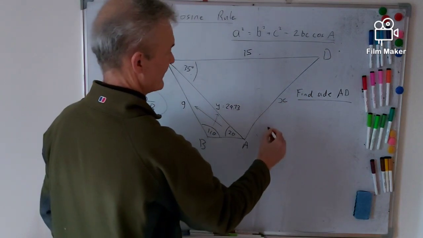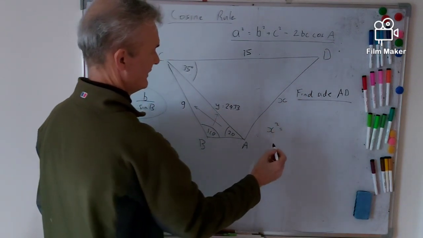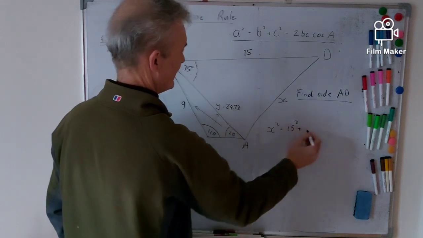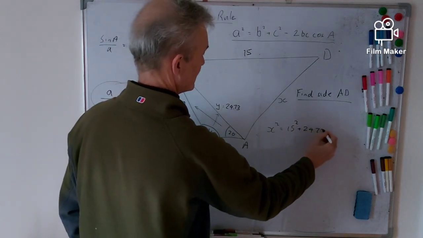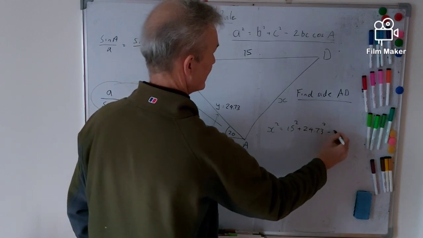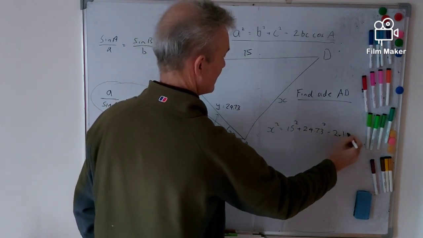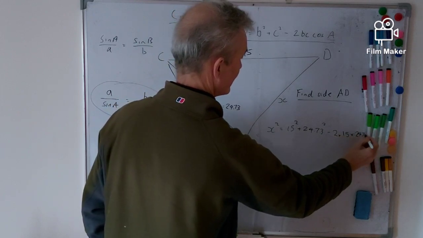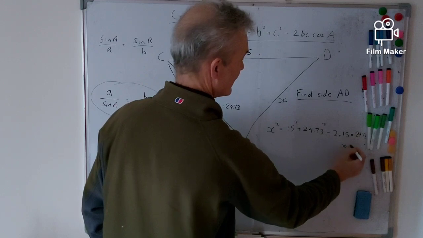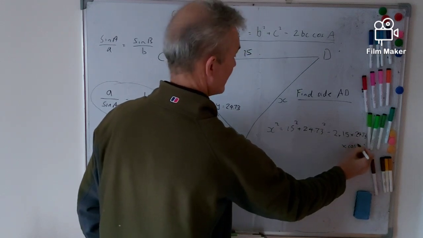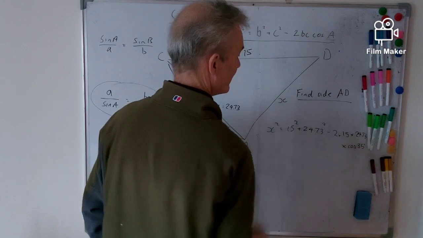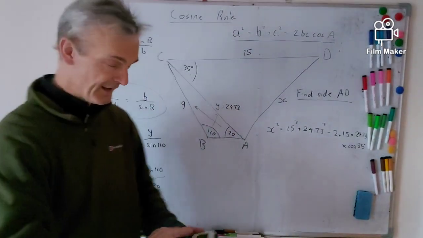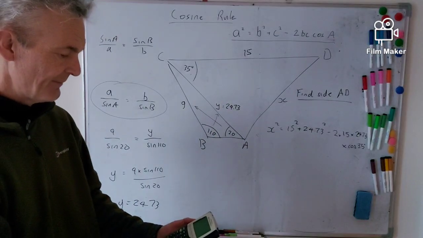So we want X. And that's going to equal 15 squared plus this squared minus 2 times 15 times 24.73 times cos 35. Okay, so I'm going to put this in the calculator and see what we get.